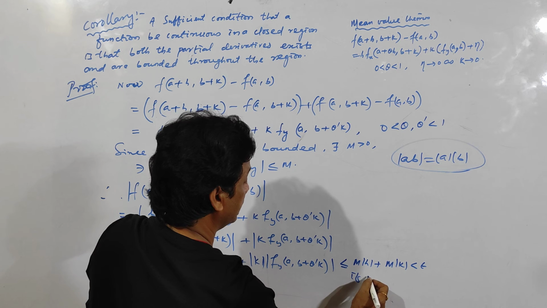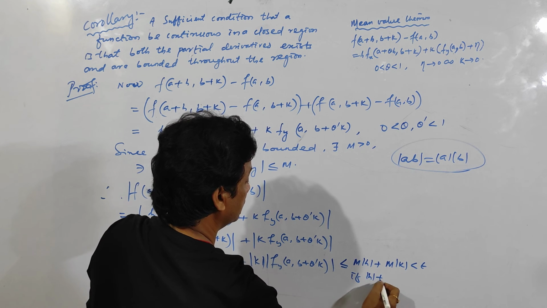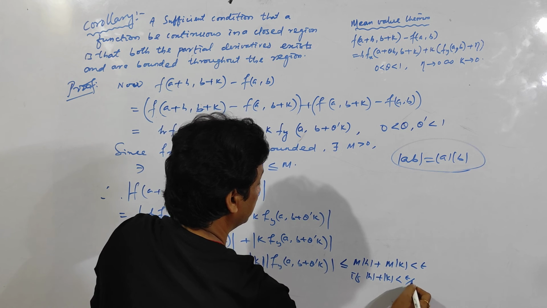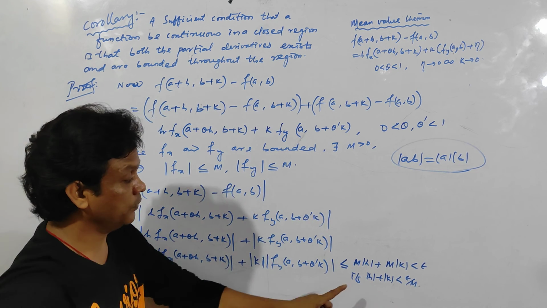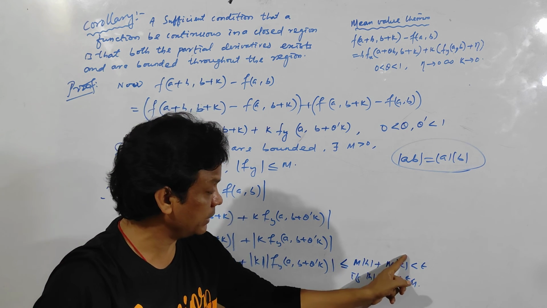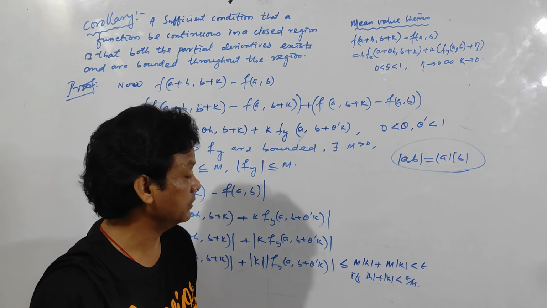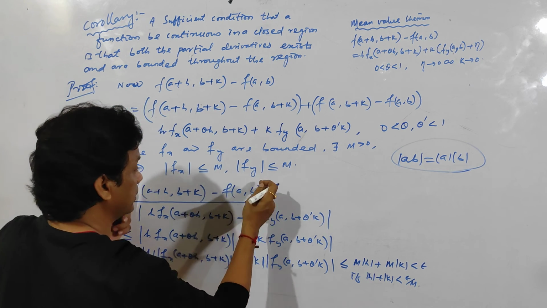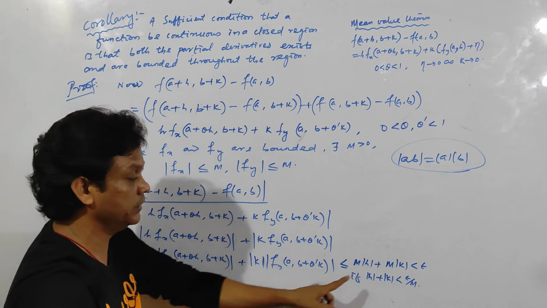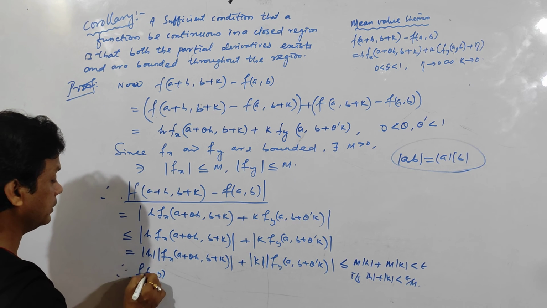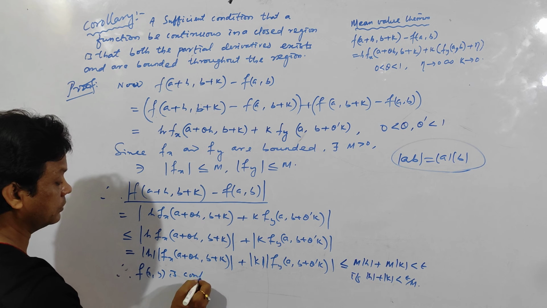So I can write mod h plus mod k is less than epsilon by M. If mod of h plus mod of k is less than epsilon by M, then this quantity is less than epsilon. So I have proved that mod of f of a plus h, b plus k minus f of a b is less than epsilon under this condition. Therefore, f of xy is continuous.